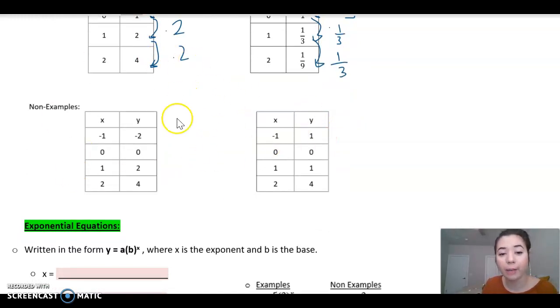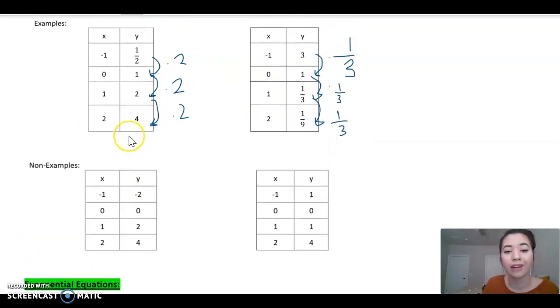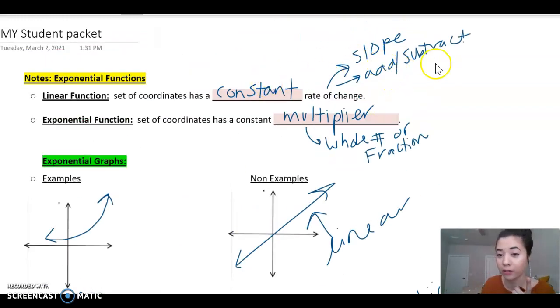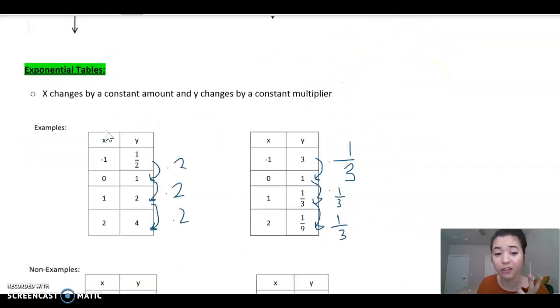These would be non-examples. So again, three options here. It's either linear, a constant slope, a constant rate of change, a constant thing being added or subtracted, exponential, or we're just going to call it neither.